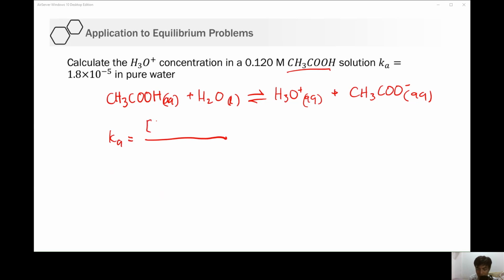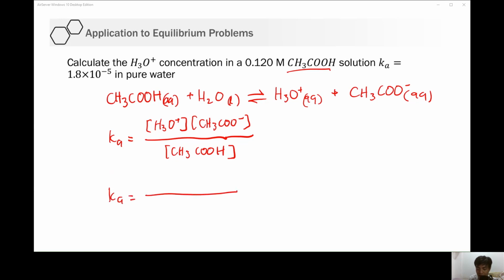That will be the concentration of the H3O plus times the conjugate base divided by the concentration of our acid. Using an ICE table, we will get Ka equals x times x, and for the denominator, that will be 0.12 minus x.